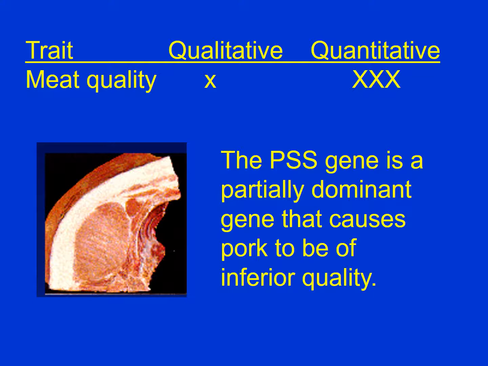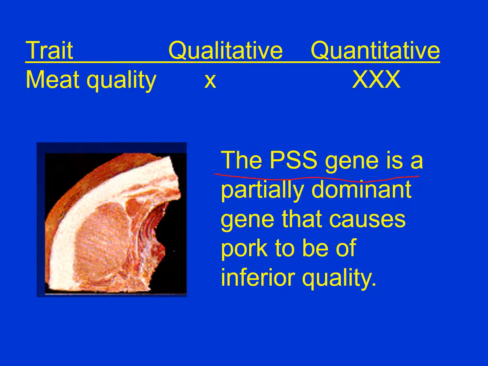But here again, we have one exception to that, in that there is a major gene that does have a tremendous effect on meat quality, and that is the PSS gene. PSS stands for porcine stress syndrome. This gene was actually identified about 40 years ago.